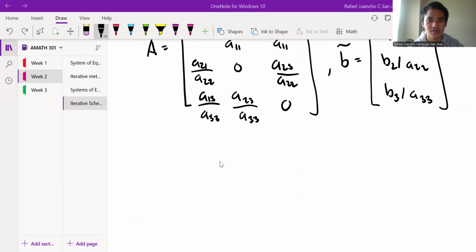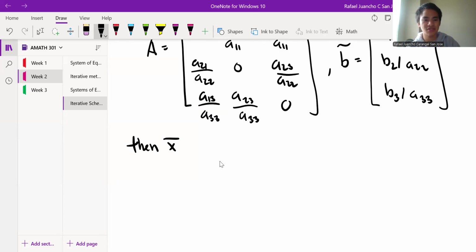I'm trying to look at the notes. Okay, so if we have those matrices and vectors, then what can we say?